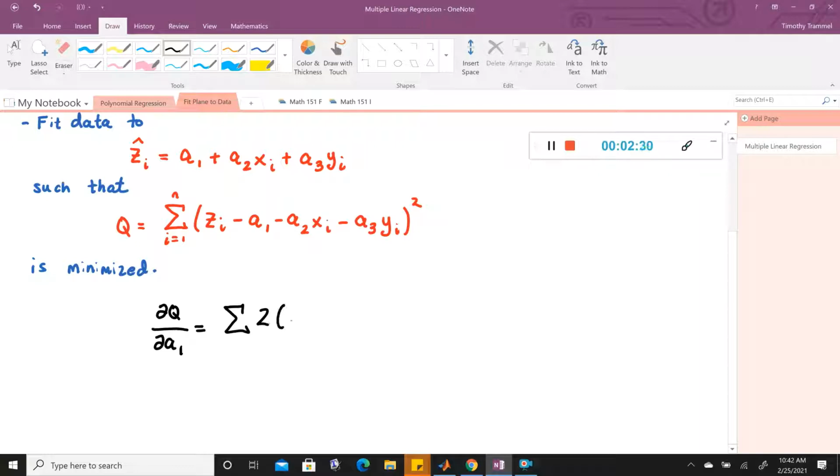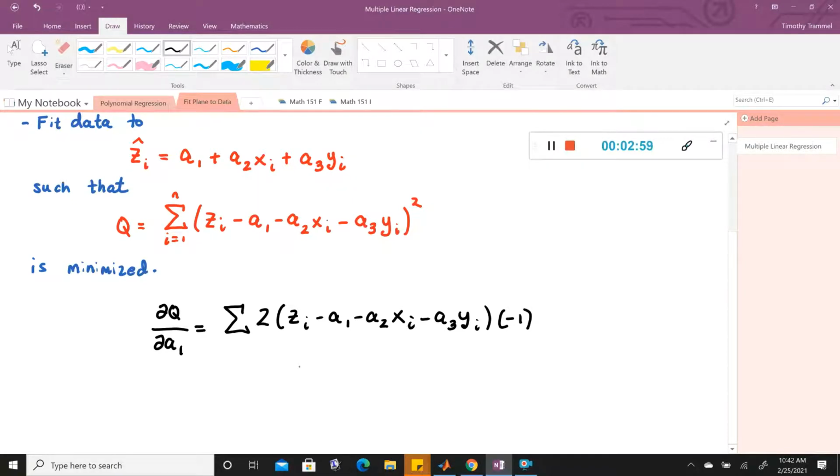Bring down the 2. Z sub i minus A sub 1 minus A sub 2 x sub i minus A3 y sub i, all to the 1, which we don't need to write, and then times the derivative of the inside. If we differentiate with respect to A1, what we would expect to get from the chain rule is a times minus 1.